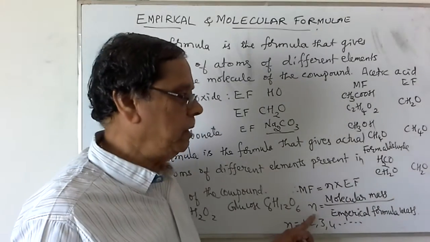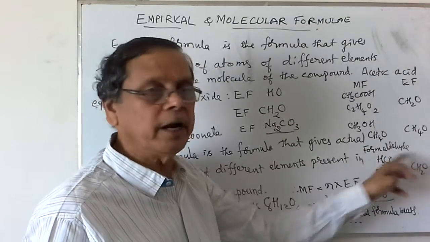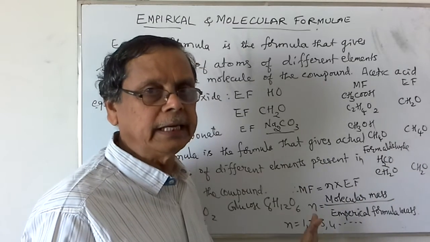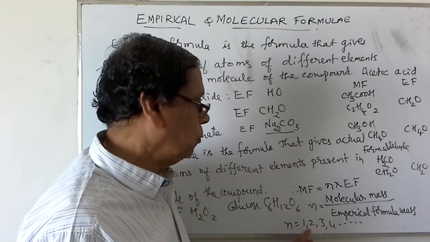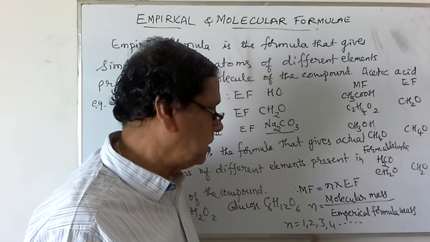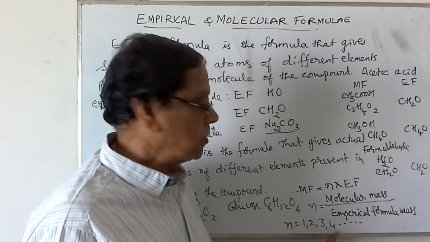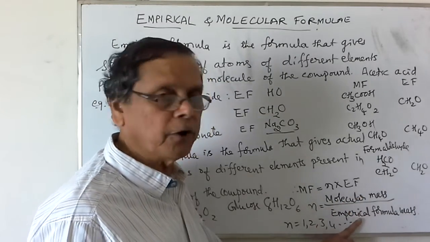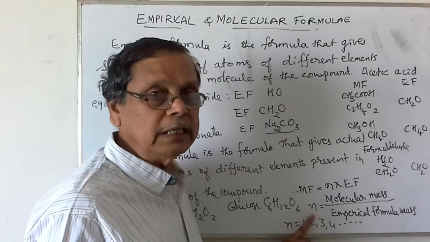If n is equal to 1, then in such a case empirical formula and molecular formula will be identical. But if n is equal to 2 or 3 or 4, etc., these are all only integers. So the ratio of the molecular mass and empirical formula mass will give rise to an integer.